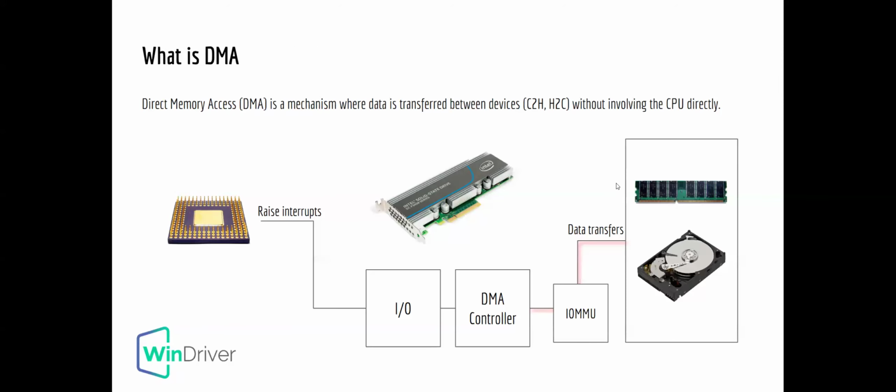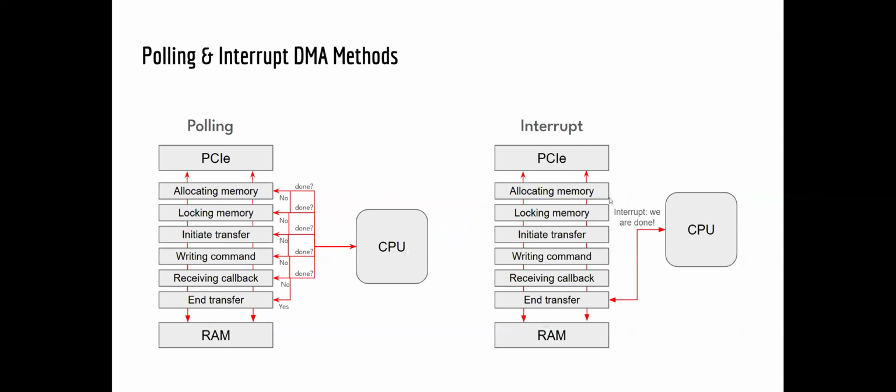So we said this is DMA, and there are different types and methods in order to perform DMA. We want to keep the CPU as much as we can out of this operation, for both faster transfer and to reduce the occupancy of the CPU.